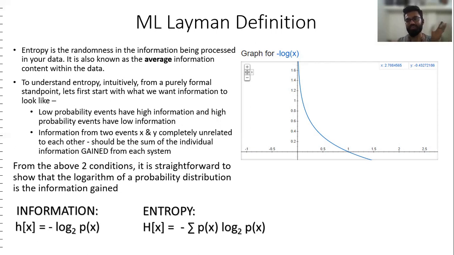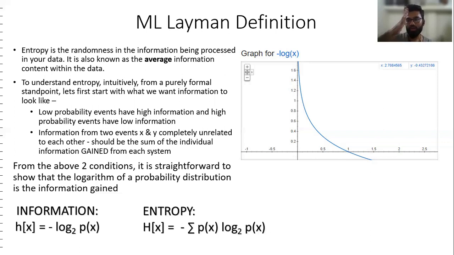So if you have a joint probability of x comma y, that just becomes p of x times p of y, but then the log makes it log a plus log b, which is what we want. That's the layman way of understanding it intuitively: logarithm makes sense, and we know the log curve between 0 and 1 goes downward.